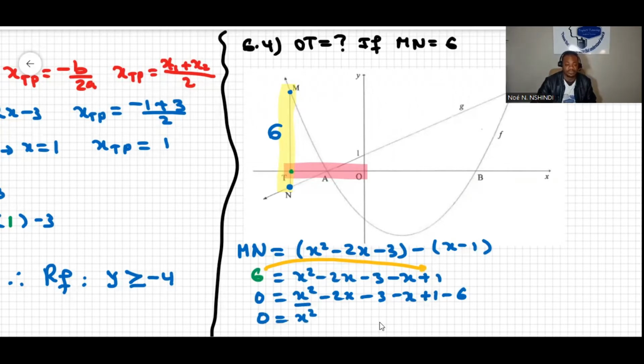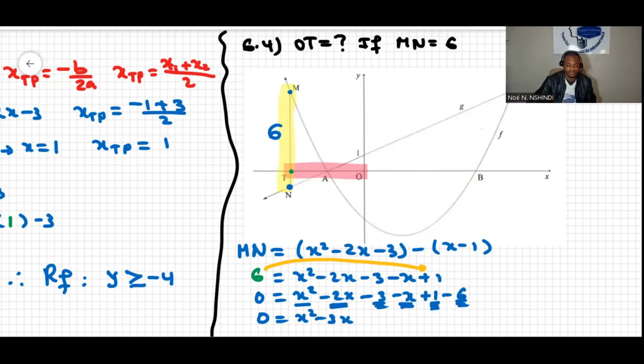Is there any other term with x squared? No. Now let's look at the terms with x. We have negative 2x and negative x. That makes negative 3x. And then we have the negative 3, the negative 6, and the positive 1, because all these are just constants.